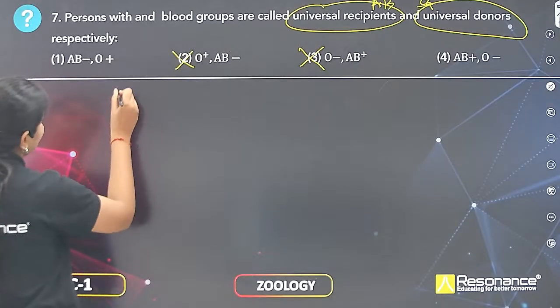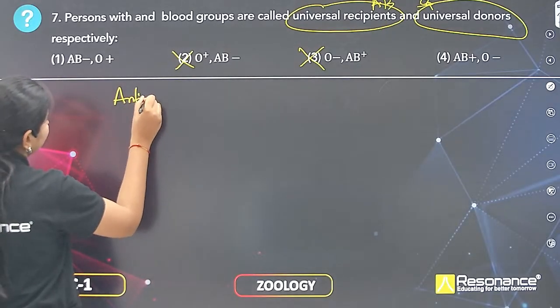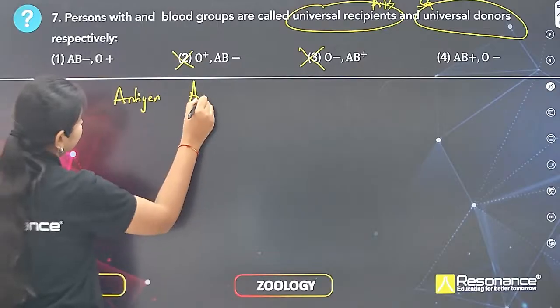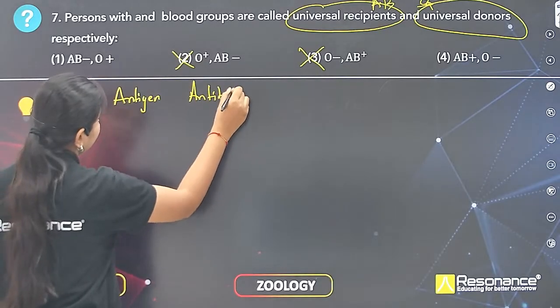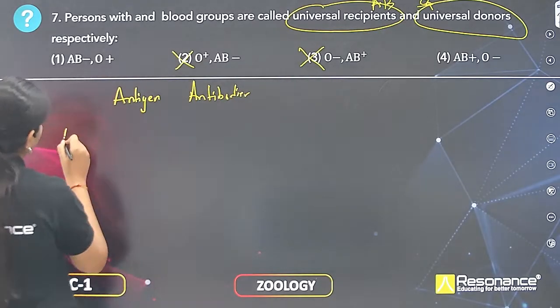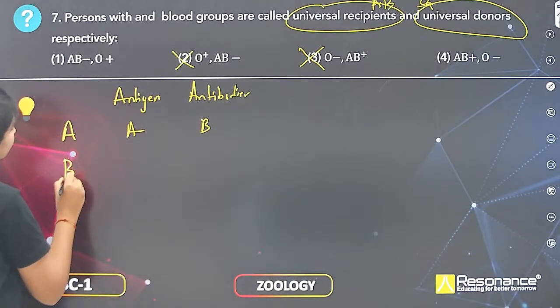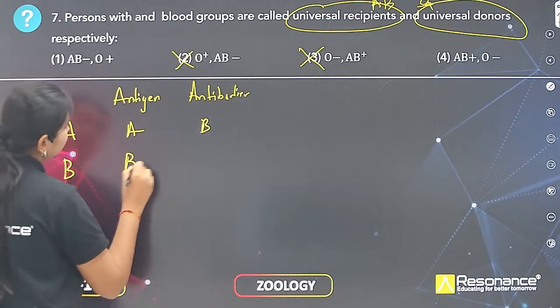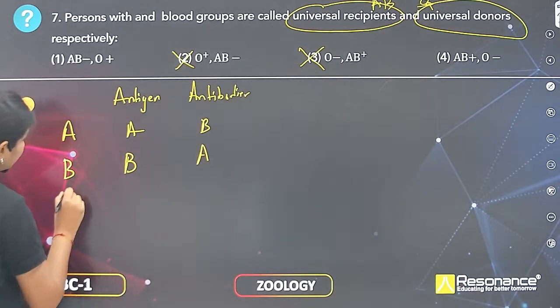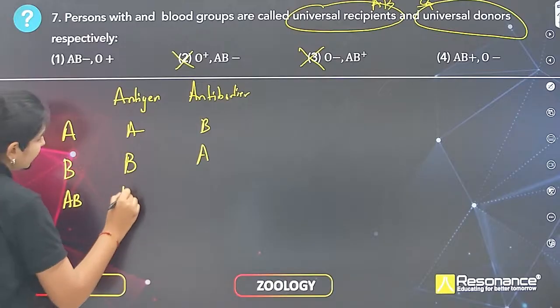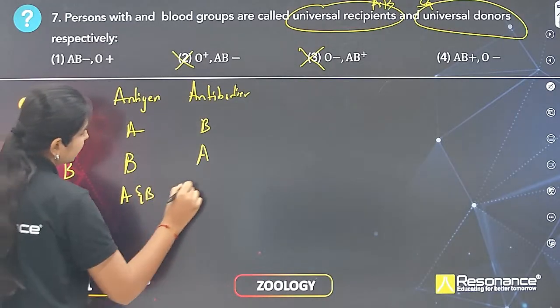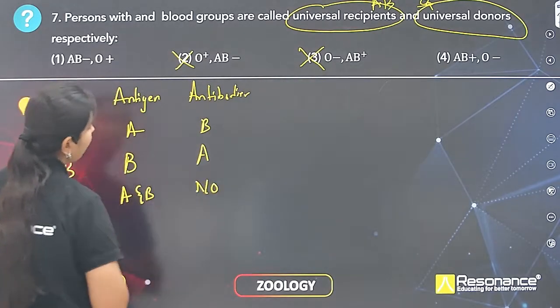So for example, here we have the antigen and then the antibody. Blood group A has antigen A and antibody B. Blood group B has antigen B and antibody A. Blood group AB has antigen A and antigen B, and no antibody.